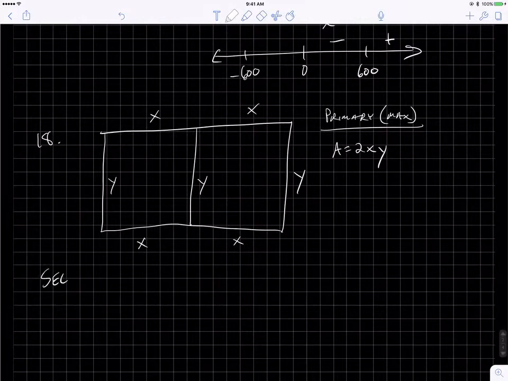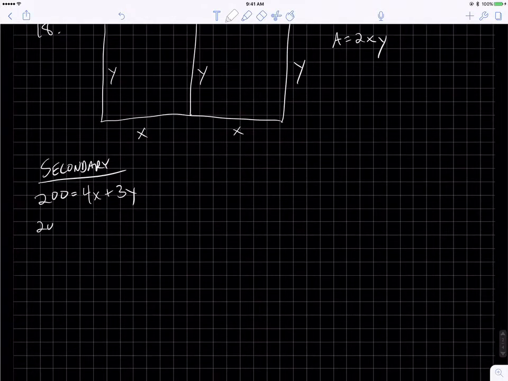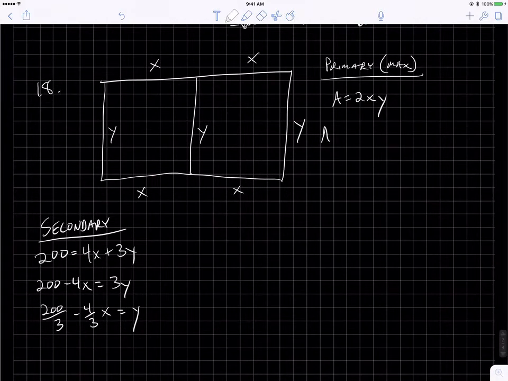I'll write the secondary down here. We have 200 feet of fence, and that is going to be 4x's plus 3y's. So we've got to solve that. I'll solve it for y. I make my substitution up here.